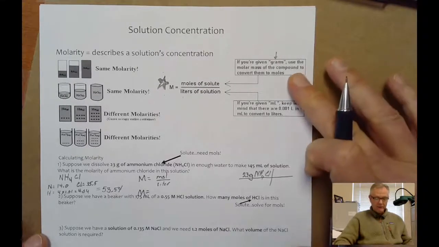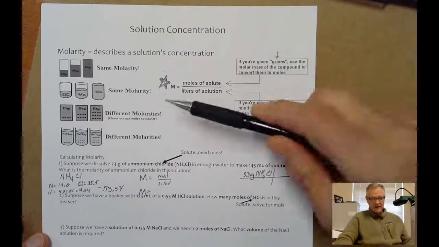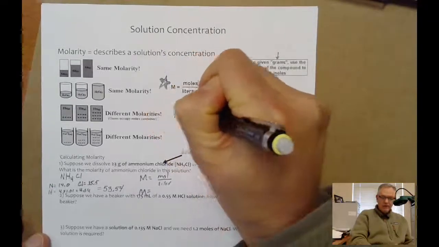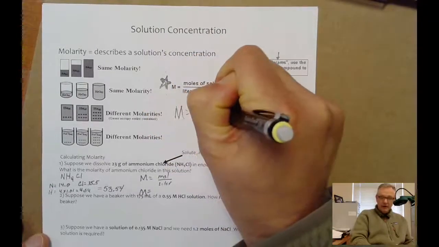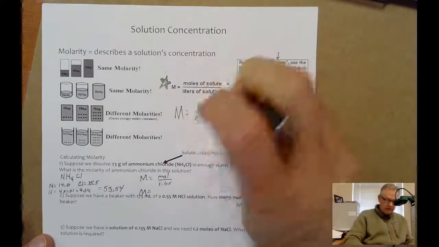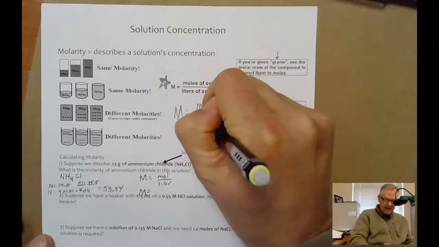I would like to work a couple of problems for you. There's not a whole lot of notes other than molarity is equal to moles, which we usually write out as mol, over liters, and we just leave it at that.